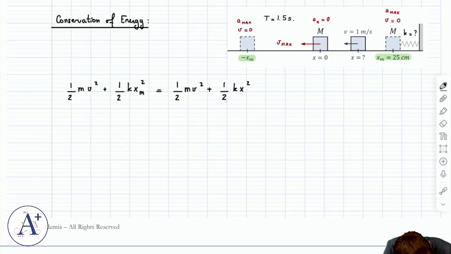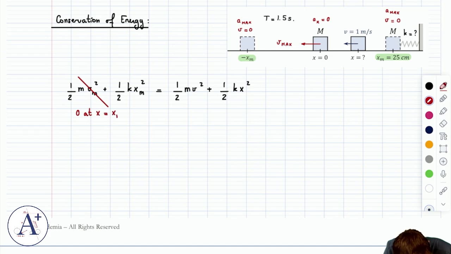Now this is not a great notation, maybe I'll call it Vm. It's not Vmax though, it's just Vm. The point is that it's 0 at x equals xm. x equals xm is a turnaround point. That's the amplitude, 25 centimeters. So you're momentarily stopped at that location.